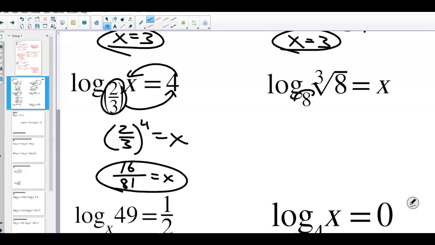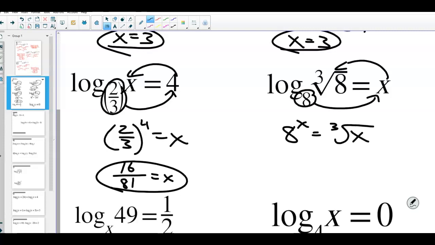When you have a radical, you have the same number under the radical. That basically means your exponent's going to be a fraction. Okay? We got to convert the cube root of x to a fraction, although it should be the cube root of 8.